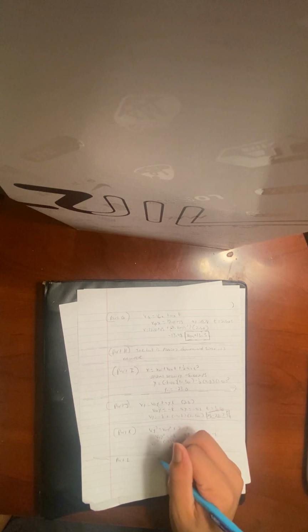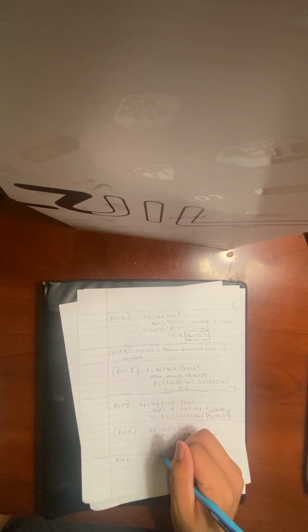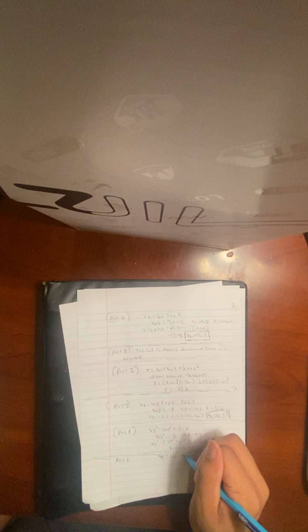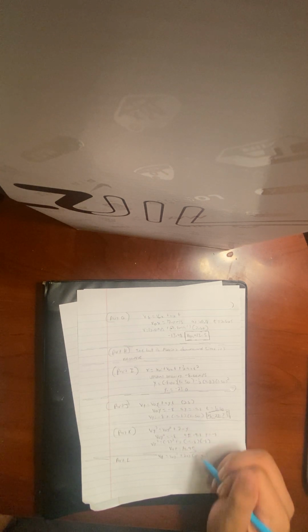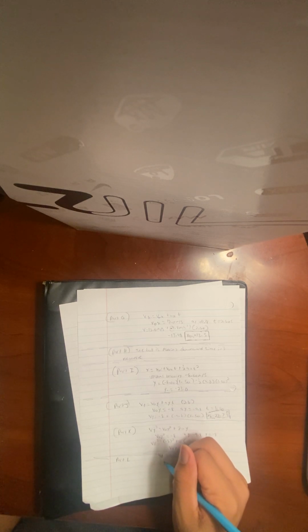We can basically use the same exact equation that we did for part K. So I could say Vy squared equals Voy squared plus 2ay, and I got this from table 2.5.